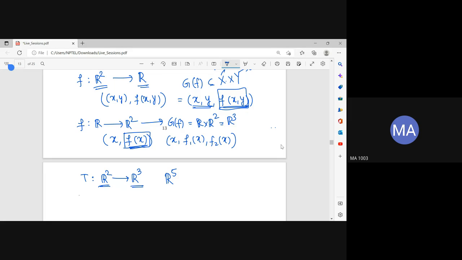So the vertical line test, horizontal line test and all don't work here. It works only for functions from R to R, only if it's graphable. Means only if you can draw the graph, you can talk about vertical line test or horizontal line test. Okay, ma'am, got it.